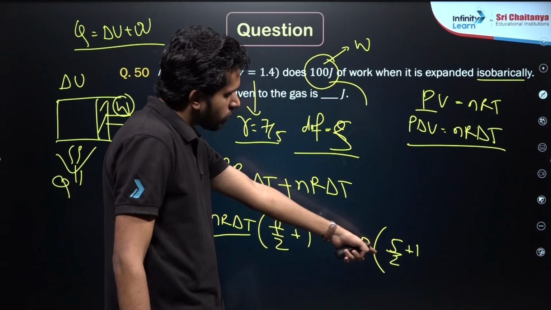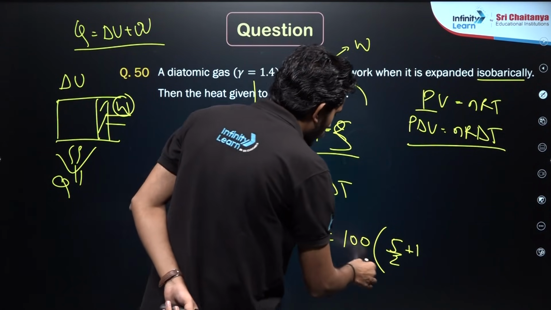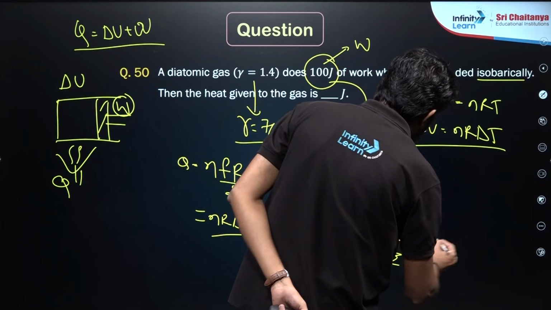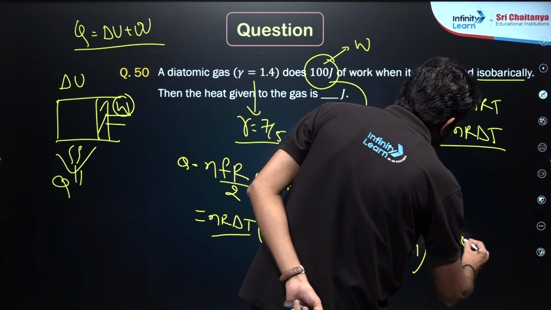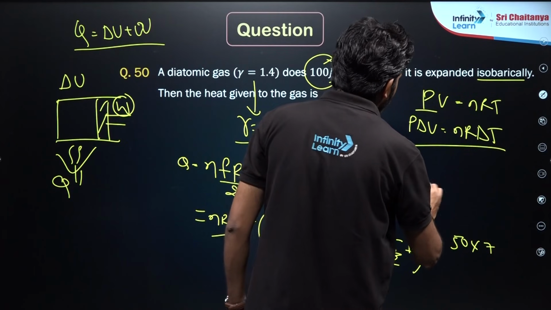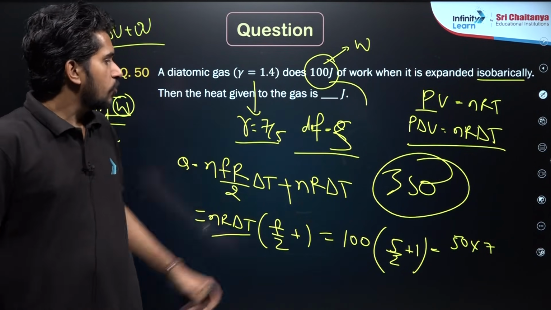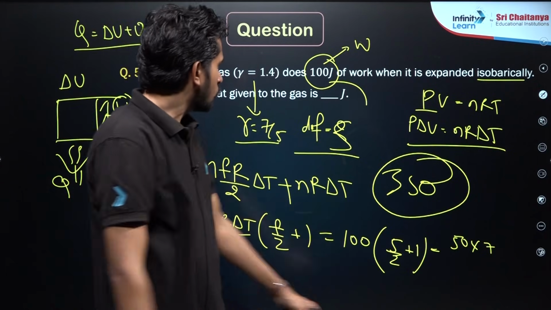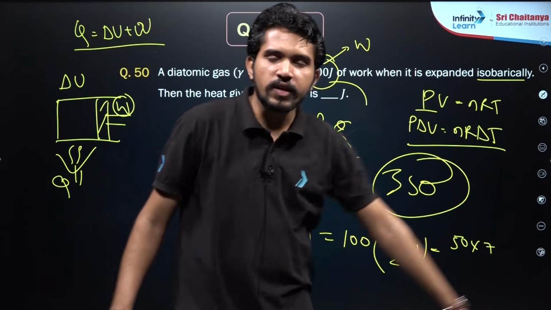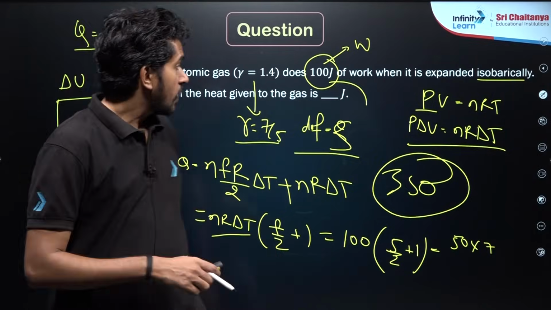So 5 by 2 plus 1 is 7 by 2. 7 by 2 into 100 means 50 into 7. So 350 joules is the final answer. That's the heat given to the system. Did you understand?